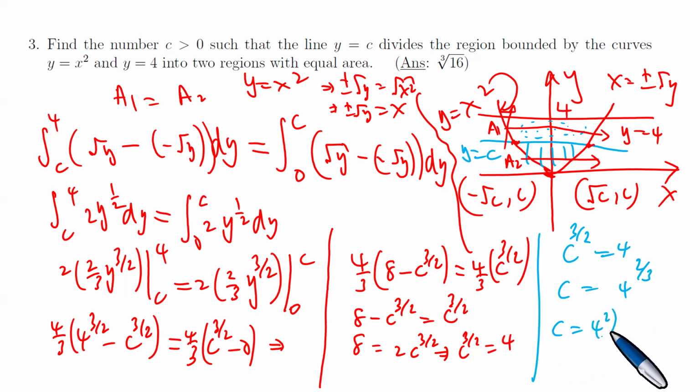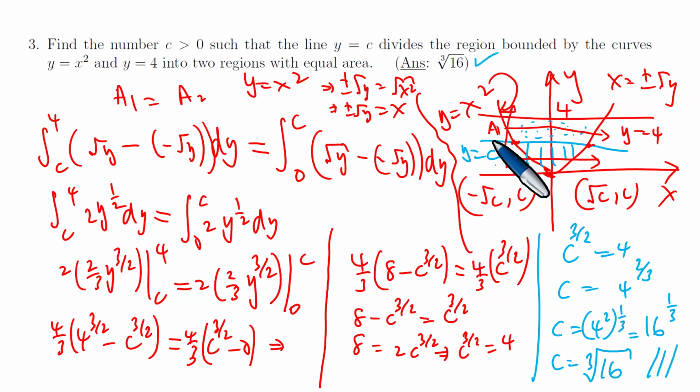Which is 4 squared, to the 1/3. And 4 squared is 16, to the 1/3, it's the cube root of 16. It is exactly the cube root of 16. So we've been able to get the answer there.